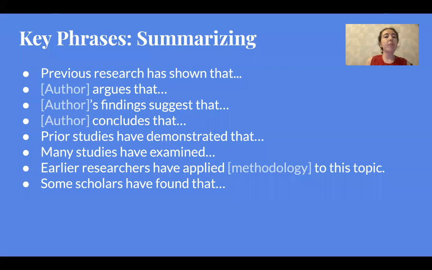And some key phrases that you might use as you're summarizing this research would be things like, previous research has shown that something, author argues that something, author's findings suggest that something, author concludes that something, prior studies have demonstrated that something, many studies have examined something, earlier researchers have applied some methodology to this topic, and some scholars have found that. So these are some phrases you might use as you're trying to summarize an article or articles that you have read.